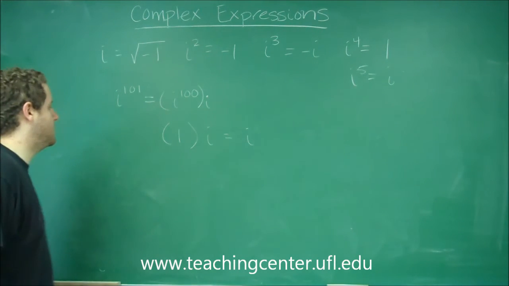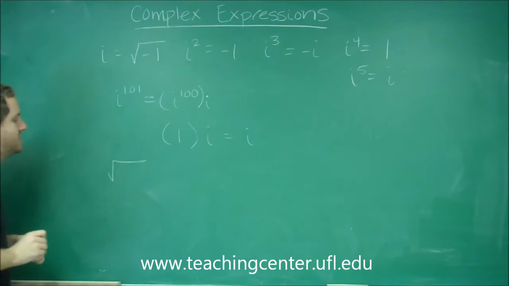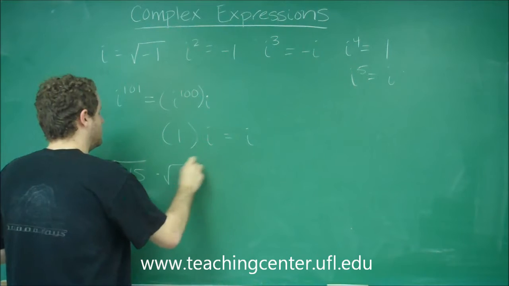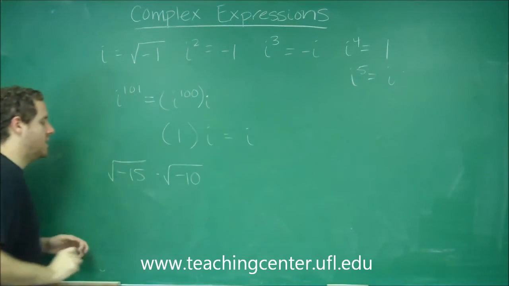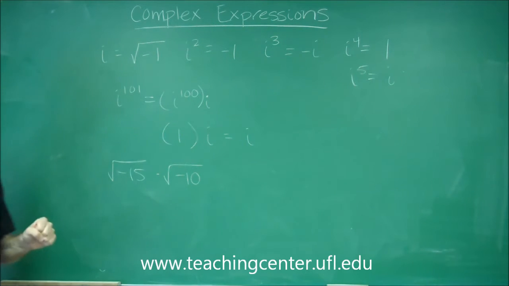The last thing you can do with complex expressions is let's say you had something like the square root of negative 15 times the square root of negative 10. Now in the real number system, this doesn't work because you can't take the square root of negative numbers.